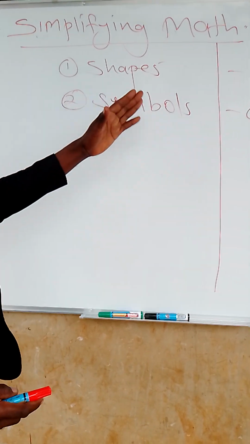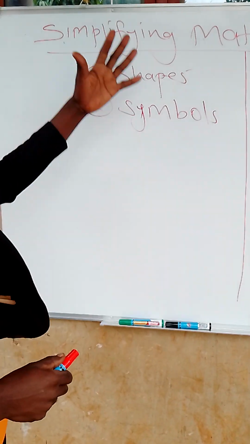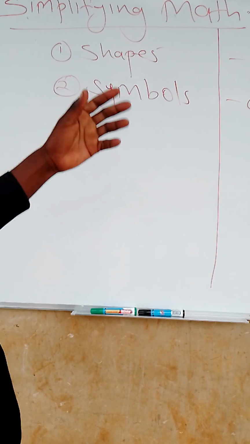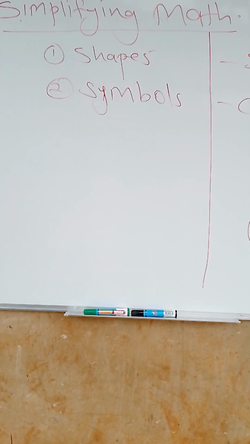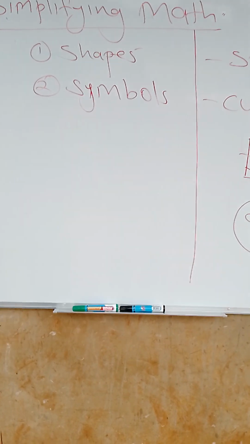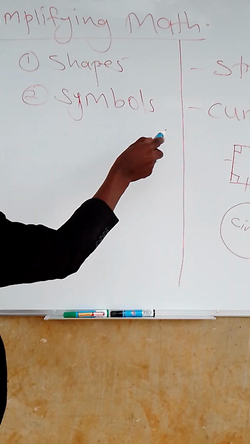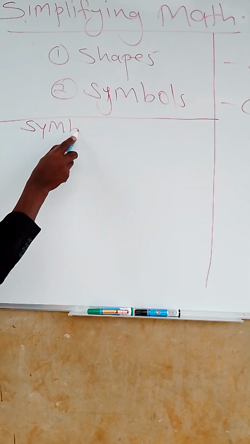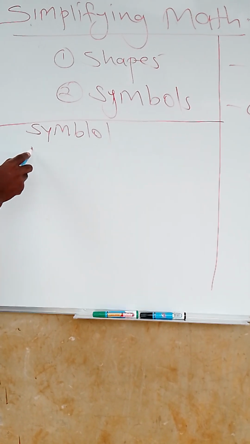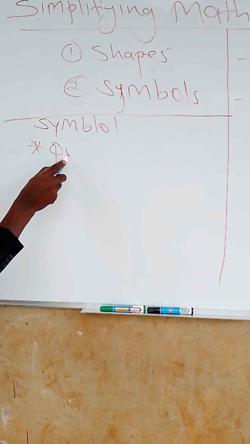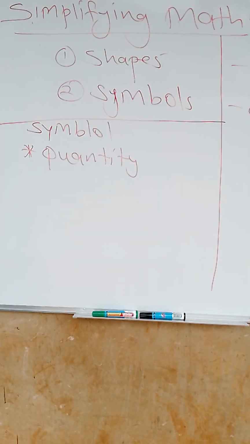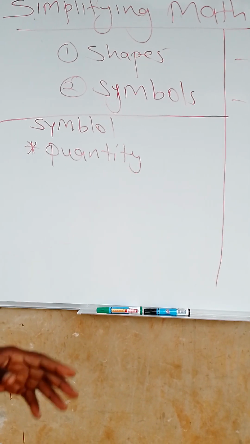Another science is symbols. In mathematics, we rarely use words, we commonly use symbols. Under symbols, we have a symbol that shows quantity. A symbol that shows quantity is called a number.